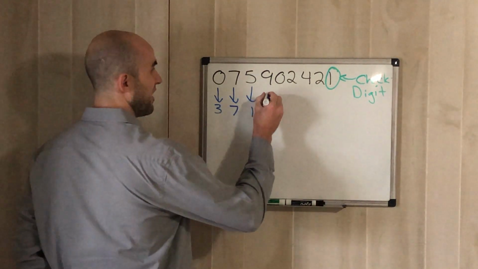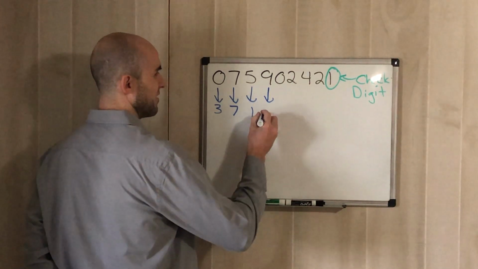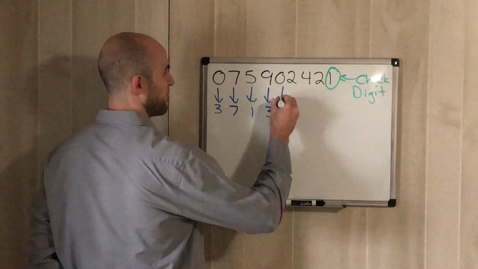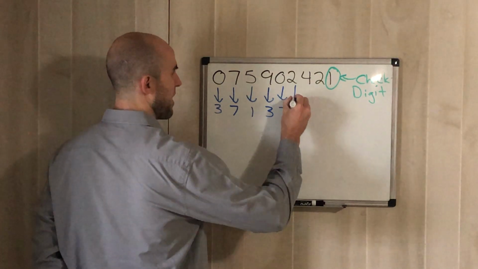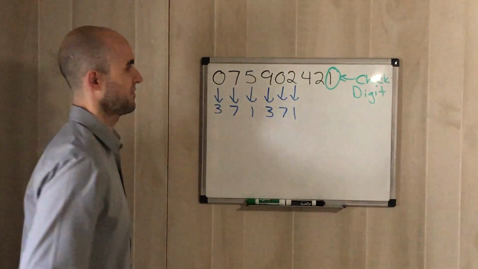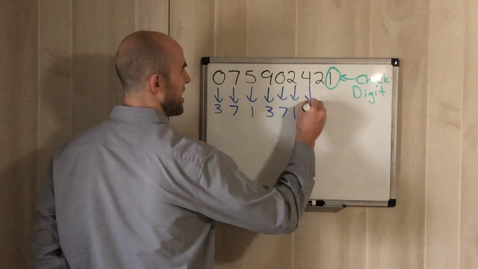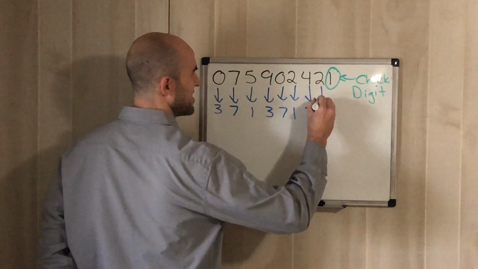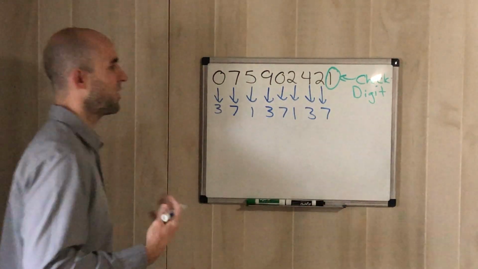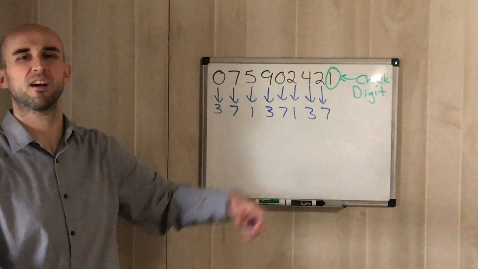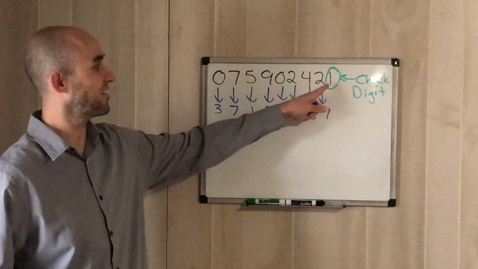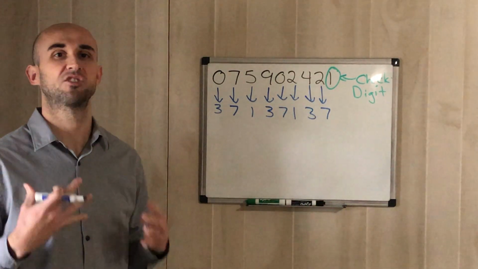You go in order. Then go back to the starting pattern. Multiply by 3, multiply by 7, multiply by 1. Repeat the pattern, multiply by 3, and then the last number here, multiply by 7. We don't get to the 1 because the 1 will be represented by the check digit, but again, we're not trying to actually come up with that number, we're trying to check that it works, right?